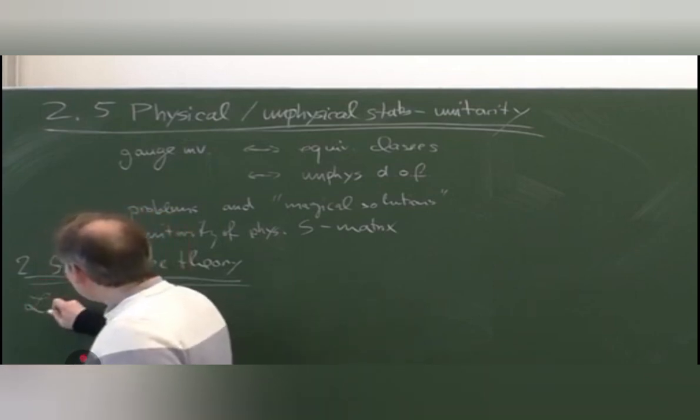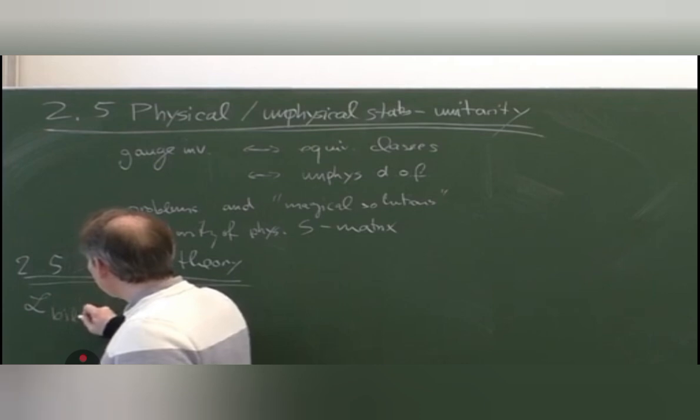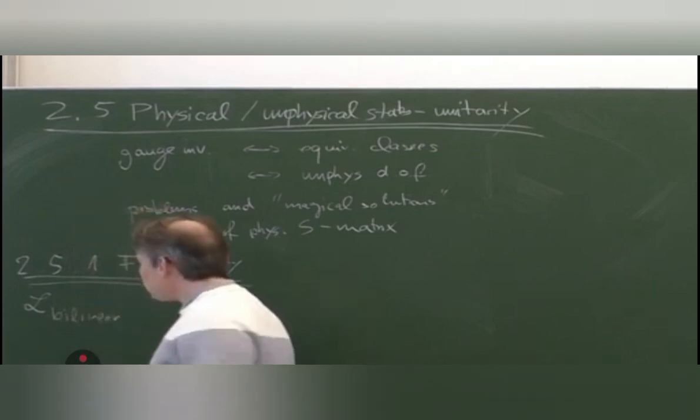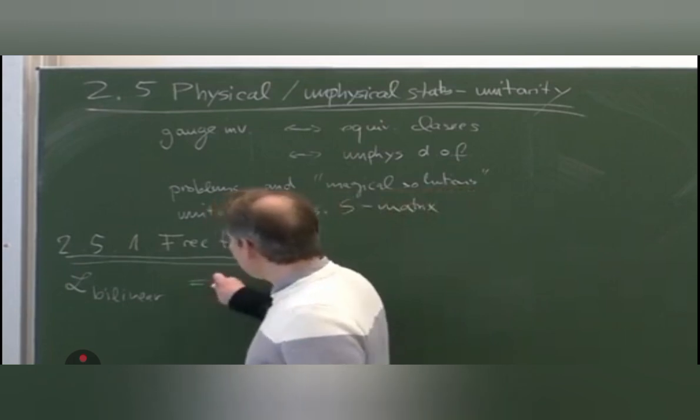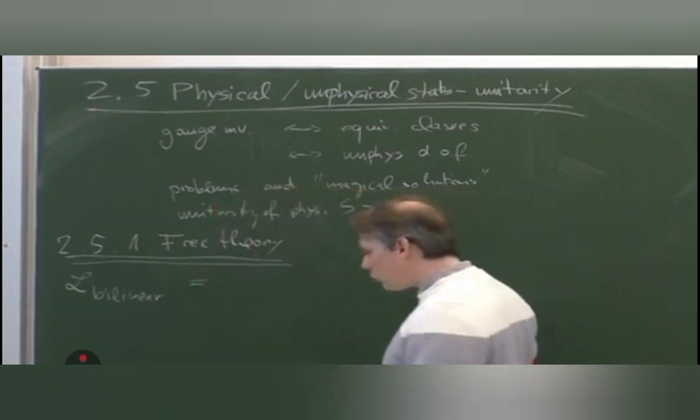In order to define the free theory, we take our Lagrangian and only take the bilinear terms in the Lagrangian, neglecting all terms which are of higher power in the fields.